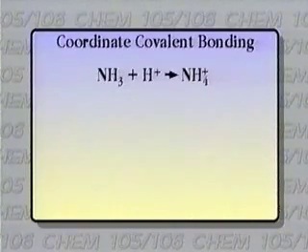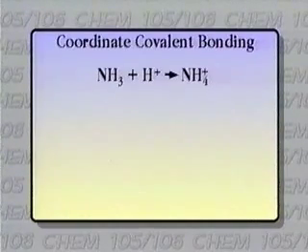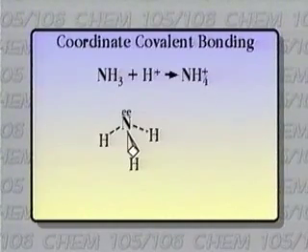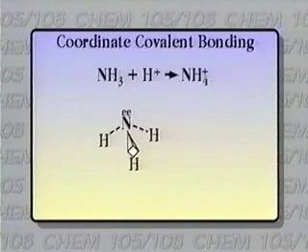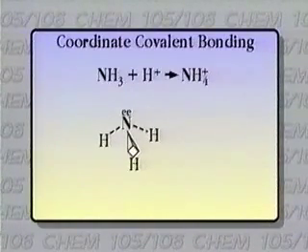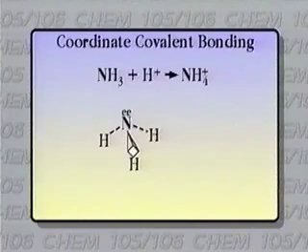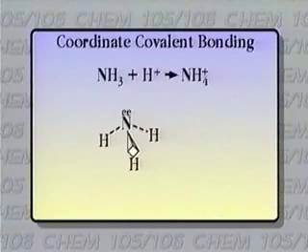Now, if we look at the structure of the ammonia here, it would look like this. It would be a pyramidal structure, and it has a pair of electrons. Hydrogen ion is merely an empty s orbital. I mean, hydrogen only has one electron, and if we have a hydrogen ion, it is nothing more than a proton with an empty s orbital.